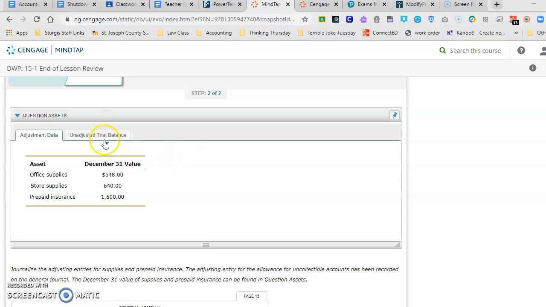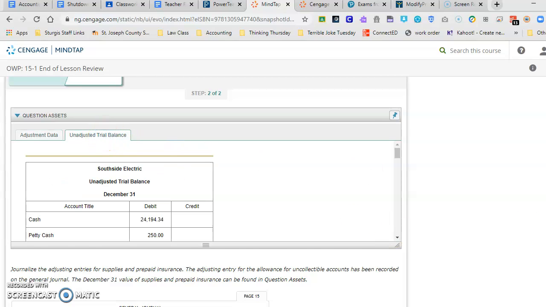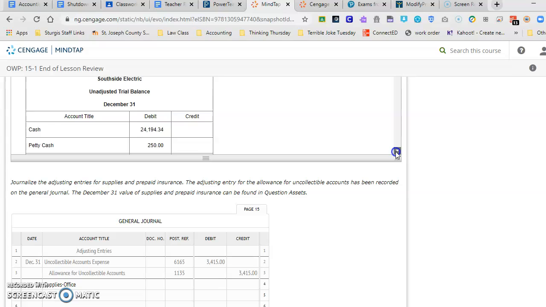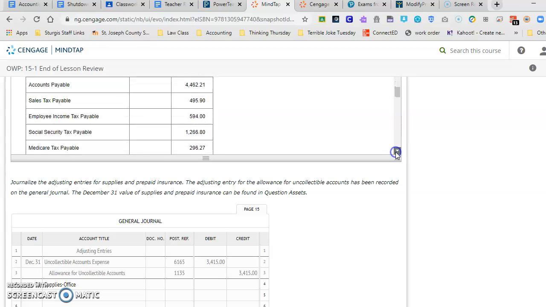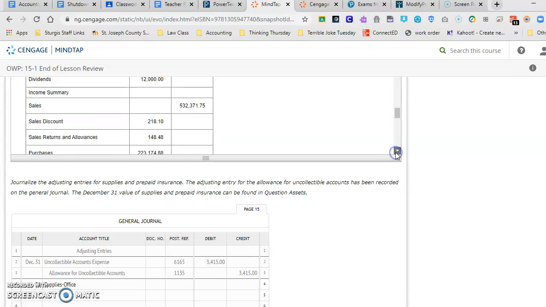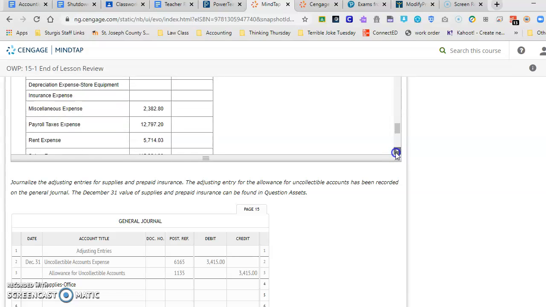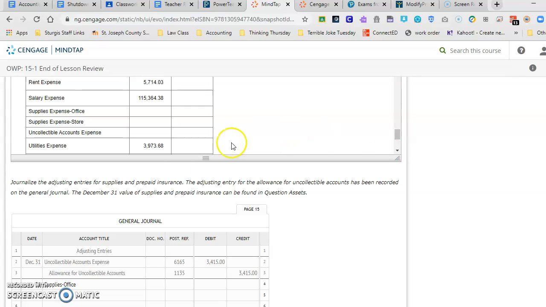So I'm going to go to the trial balance to get what those accounts look like here. The related account is an expense account. So supplies expense dash office. Okay, so I'm going to word that the same.